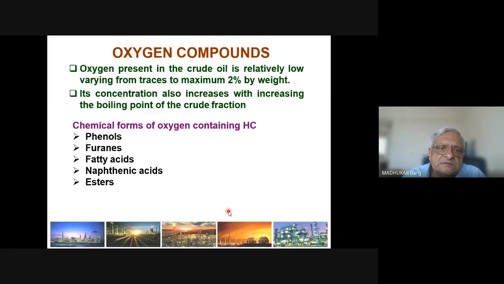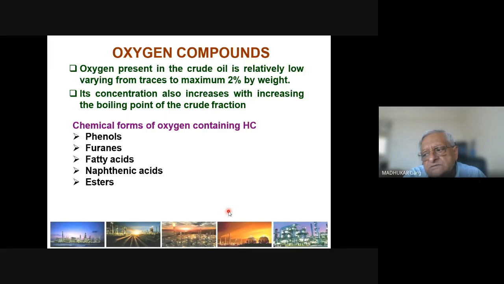Coming to oxygen compounds, they are also present in crude oil, but relatively low as compared to sulfur, sometimes even as low as 0.2%, 0.3%, and maximum 8%. Generally, their concentration increases as you go to the higher boiling range. You don't find them much in the gasoline and kerosene range hydrocarbons.